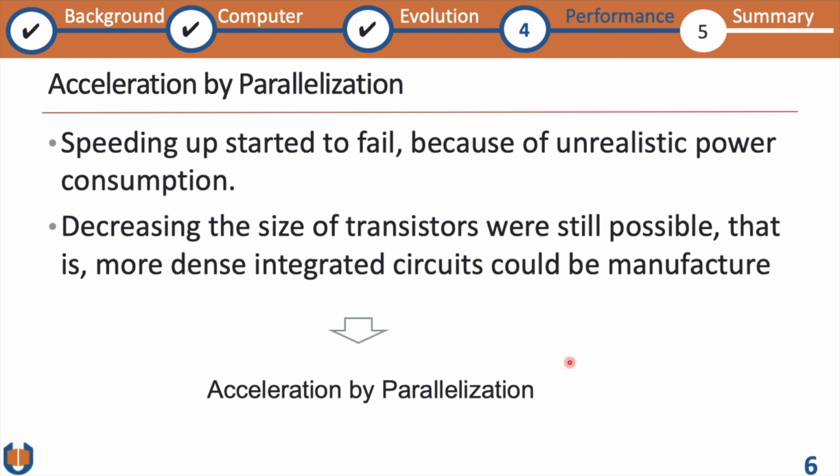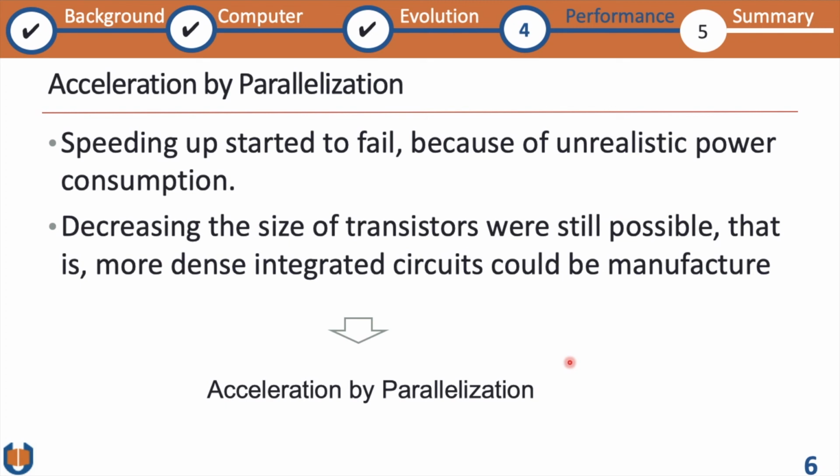So as Dennard scaling failed and Moore's law failed, how will the next step be? As I said, speeding up started to fail because of unrealistic power consumption. Also, decreasing the size of transistors was still possible, but a denser integrated circuit could not be manufactured.